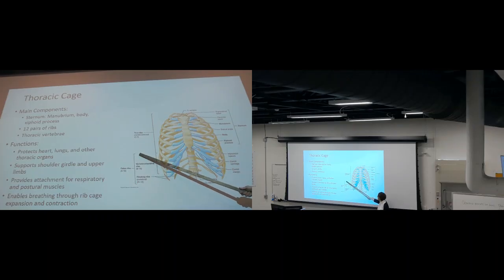Now, the last ribs will be 8 through 12. They will be generically called false ribs. Pairs 8 through 10 have a costal cartilage, but they piggyback onto rib number 7.